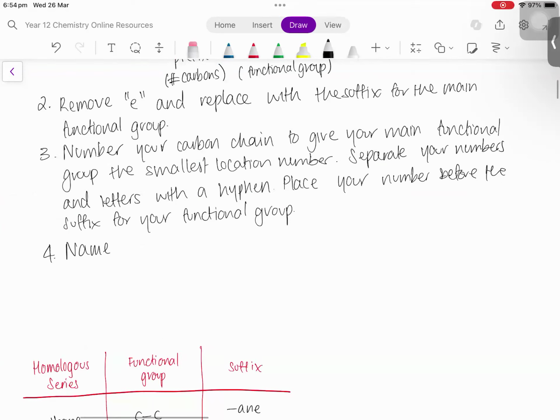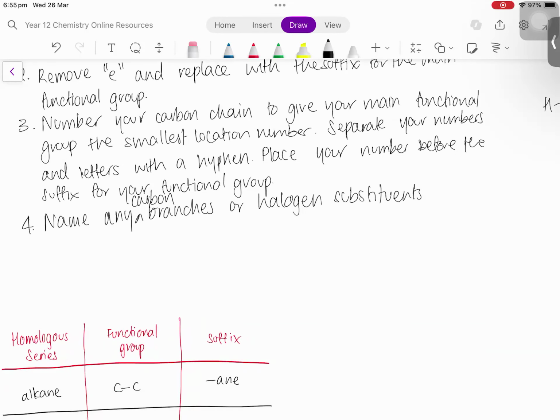All right. Step number 4. Name any branches or halogen substituents. I'll add to this. Name any carbon branches or halogen substituents bonded to your parent chain.